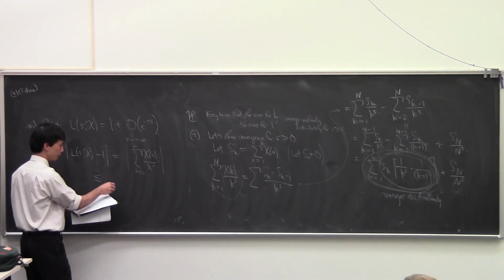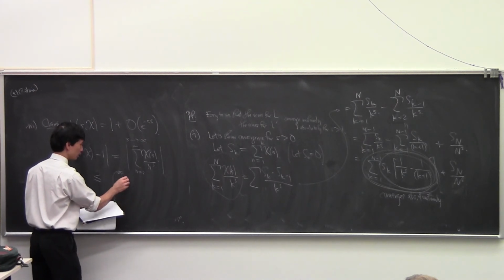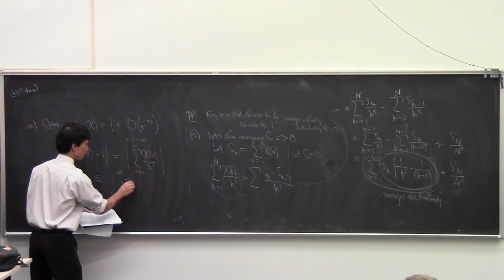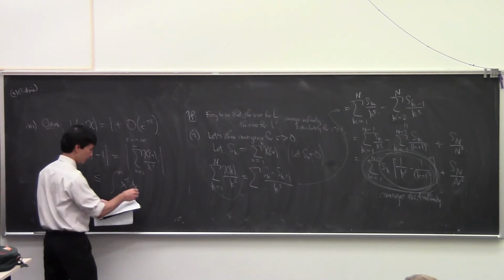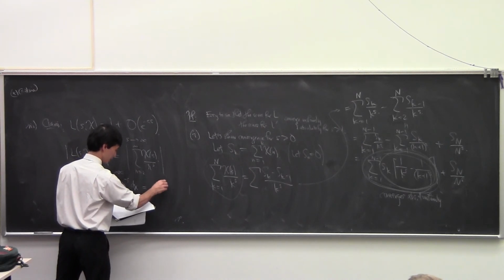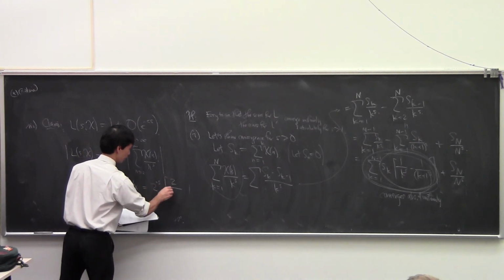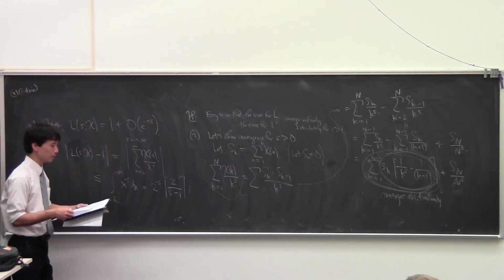We control this guy with an integral, the integral from 2 to infinity of x to the minus s dx. When you integrate this, you get 2 to the minus s over s minus 1, and that's the end.